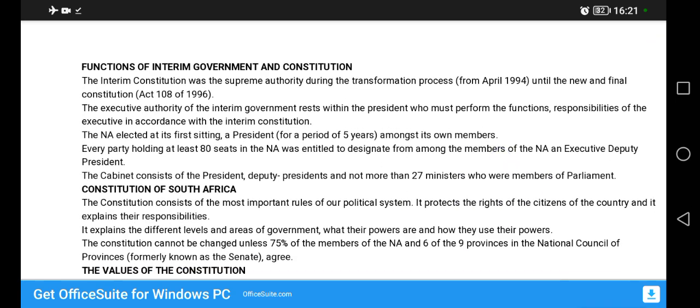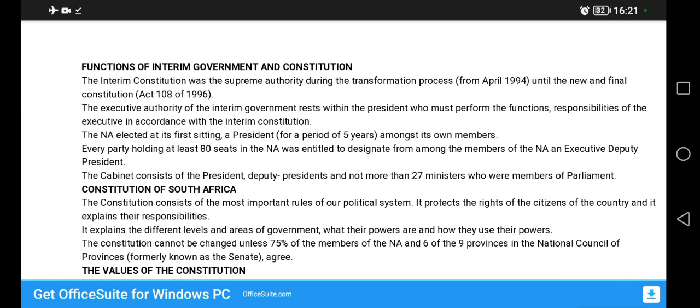So we know that the interim constitution was the supreme authority during the transformation process until the new and final constitution. The executive authority of the interim government rests with the president, who must perform the functions and responsibilities of the executive in accordance with the interim constitution.